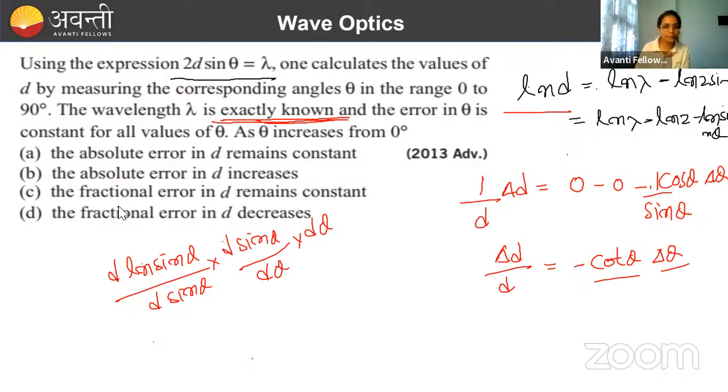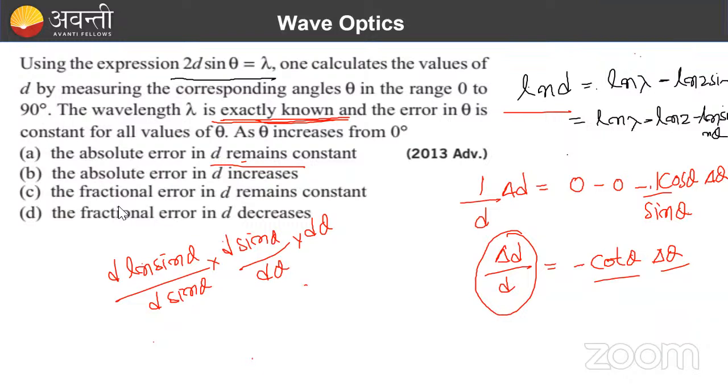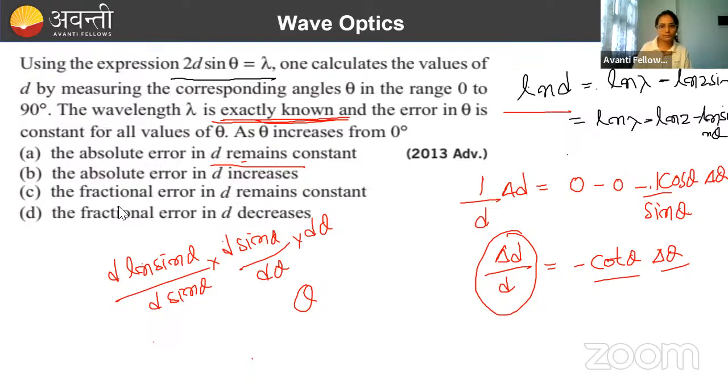Done. So this value we are going to get. Theta is increasing, right? Absolute error in d remains constant. Absolute error in d, that is delta d, you have to calculate. First see delta d by d, that is cot theta. Cot theta value will increase or decrease as angle increases?